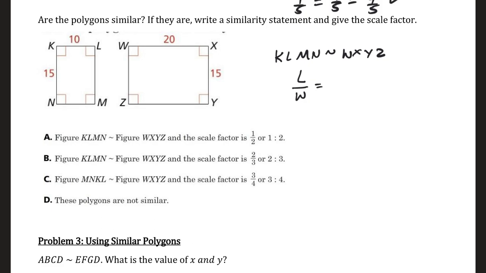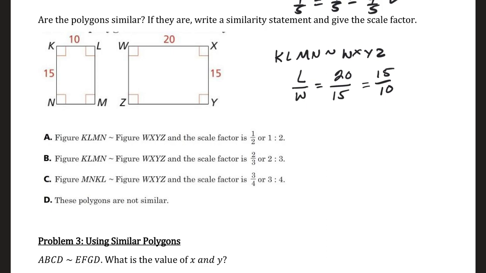The length of the larger rectangle is 20, and the length of the smaller rectangle is 15. The width of the larger rectangle is 15, and the width of the smaller rectangle is 10. So this is my length and this is my width. And I gotta check if these two are proportional.